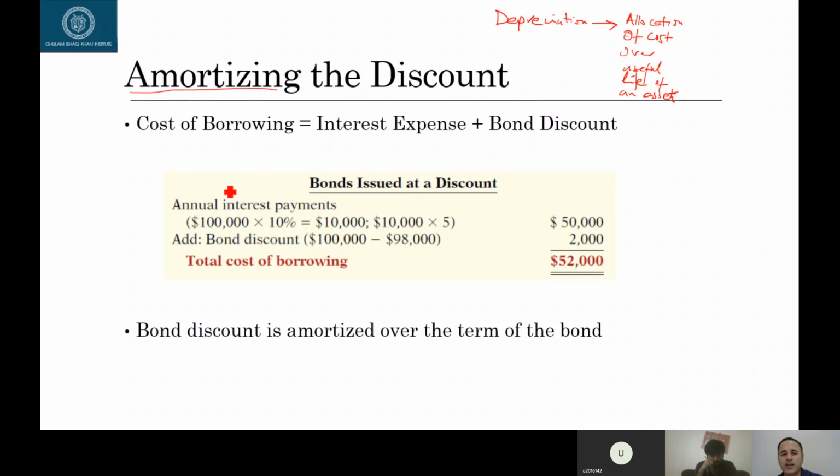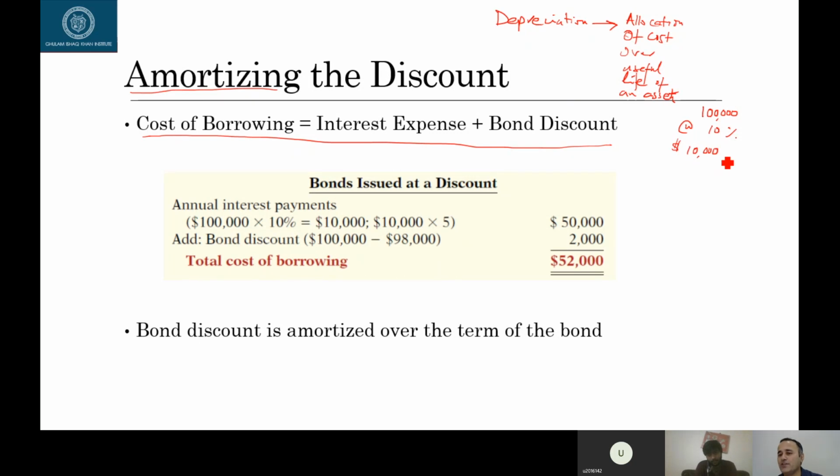And how do you do those entries? First of all, you have to calculate the cost of borrowing. In order to amortize the discount, the first thing you need to do is calculate the cost of borrowing. So what is the cost of borrowing? Again, face value is 100,000 and the stated rate is 10%. So each year you pay $10,000 to the bondholder.